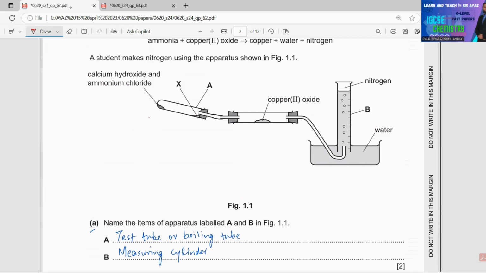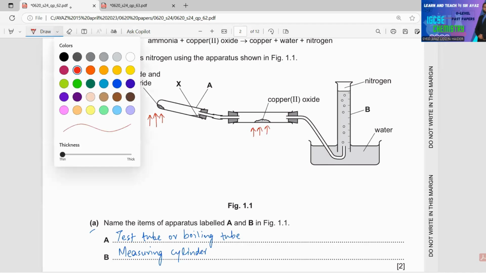So I am going to show the arrow here. 3 arrows will be enough for heating. And it should be heated at this point also, because copper 2 oxide is also heated with ammonia gas coming from ammonium chloride and calcium hydroxide. So this will be the final arrow.